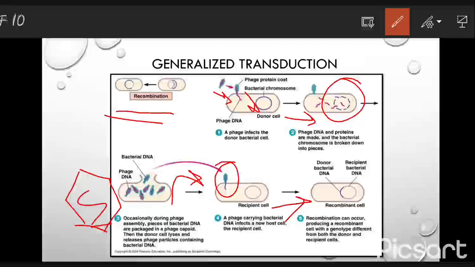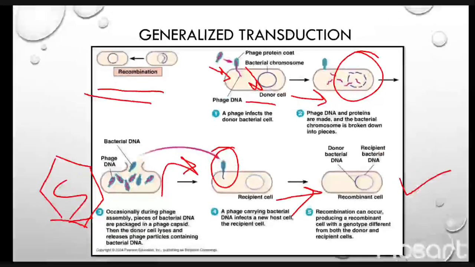Thus recombination can occur, producing a recombinant cell with a genotype different from both the donor and recipient cell. At last, through recombination, genes from the donor bacterium are transferred to the recipient cell. In this way, generalized transduction is carried out.